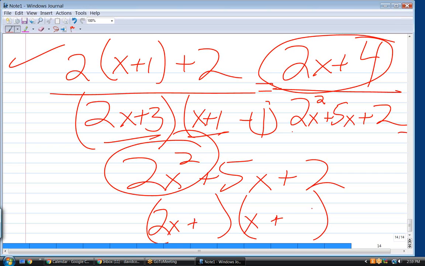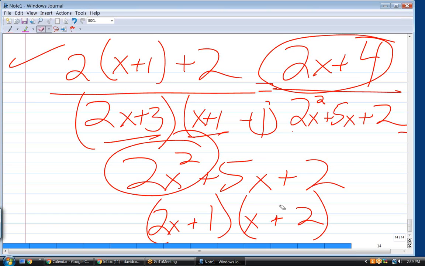Next, I know that the numbers that go here have to be factors of 2. And if I'm to produce a middle term of 5, it's got to be that and not that. In other words, 2 and 1 produce a middle term of 4, but 1 and 2 produce a middle term of 5, which is what we have. Okay.